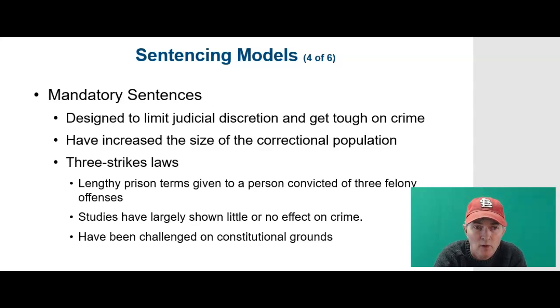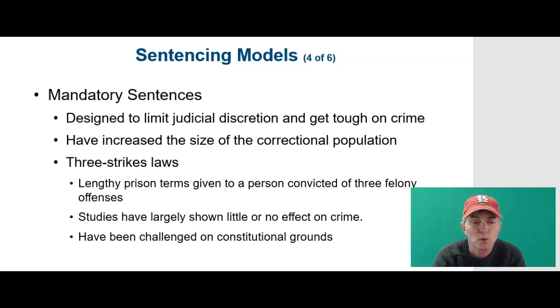Mandatory sentences, of course, once again limit judges' ability to use discretion, and ultimately were a response to getting tough on crime. They've increased the size of the correctional population. I talked earlier about the three strikes law, right?